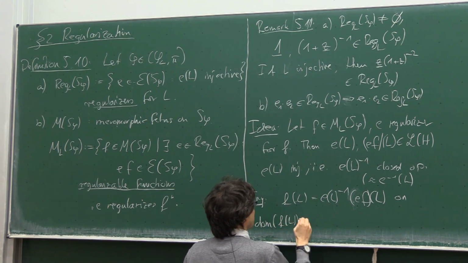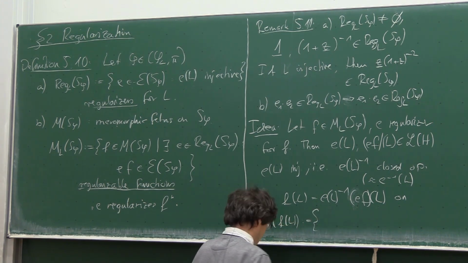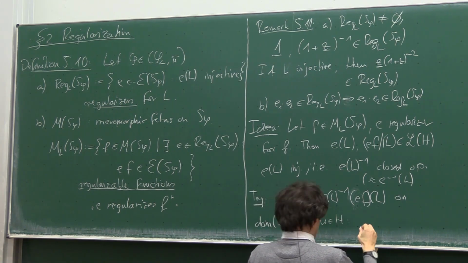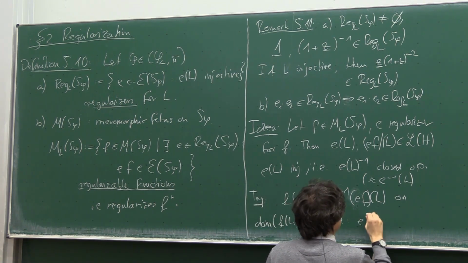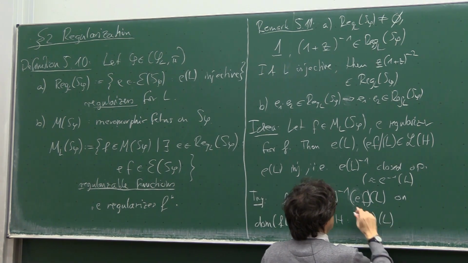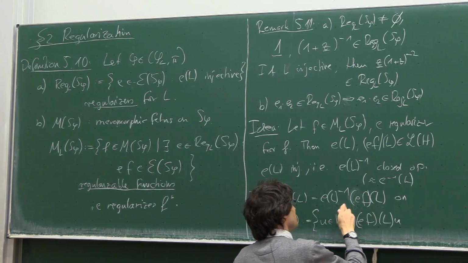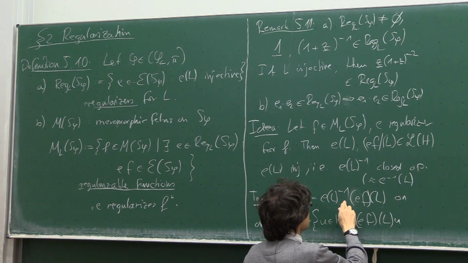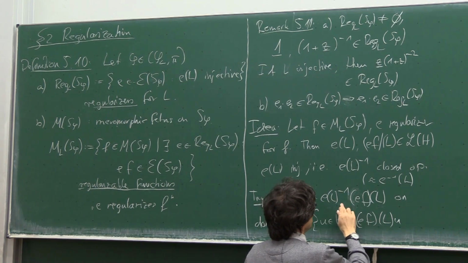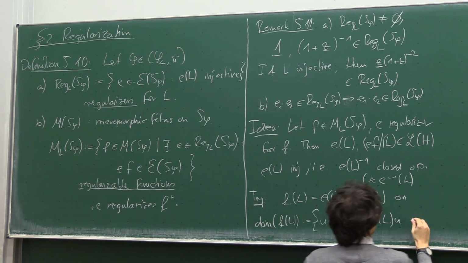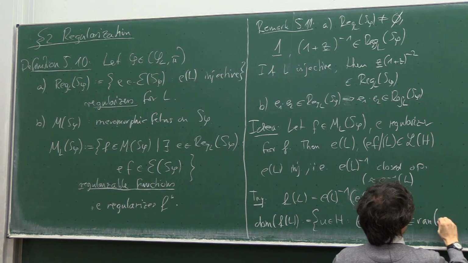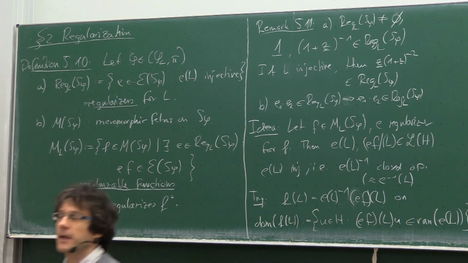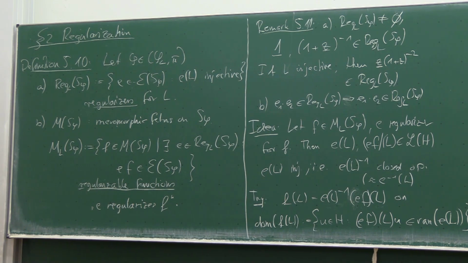It's the set of all u in H where this makes sense, such that EF of L u, so we have to plug it into this operator, which is an unbounded closed operator, so this has a domain. So EF of L u must be in the domain of this operator, or otherwise stated, it must be in the range of E of L.